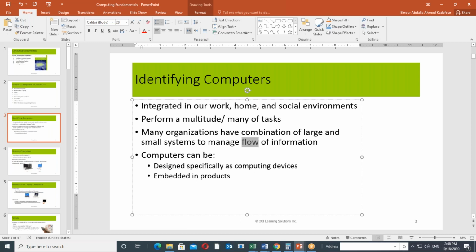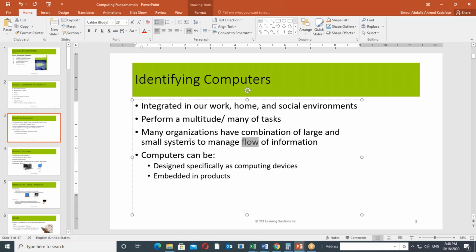This is a flow of information from one office to another, from my computer to a second computer. So I need the help of a communication application, simply an email I'm sending to my colleague, to facilitate the communication. So it is a type of identifying a computer.